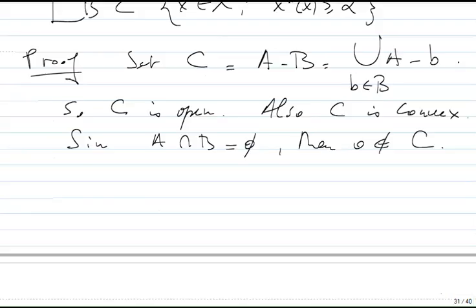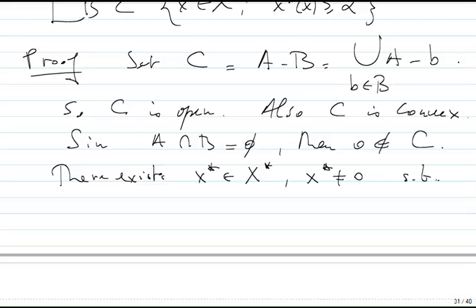So from the theorem that we just proved, there exists x star not equal to 0 such that x star of x less than 0 for any x in C.